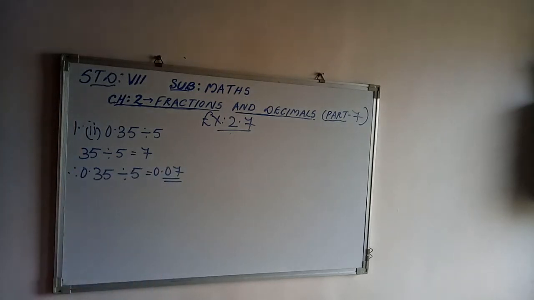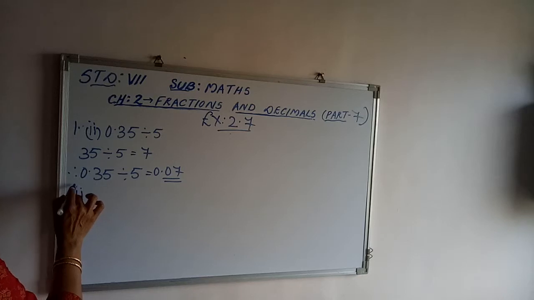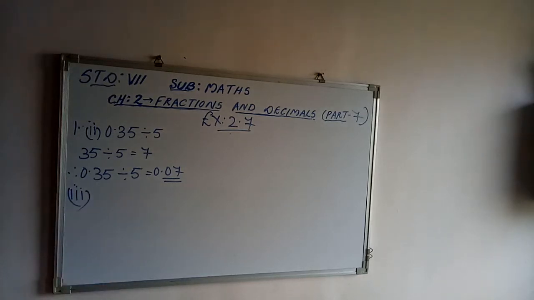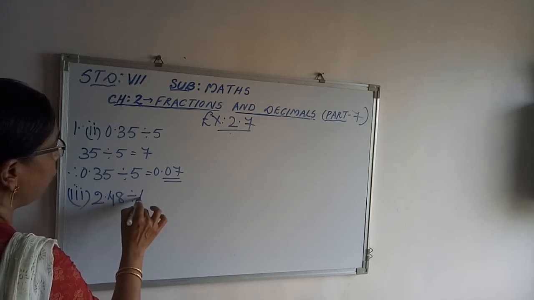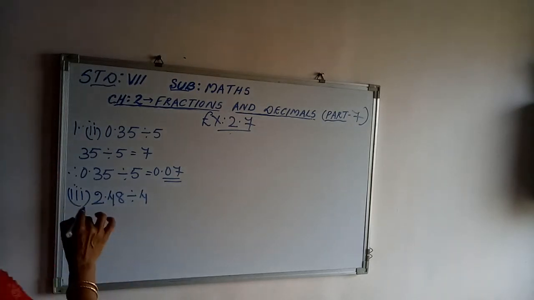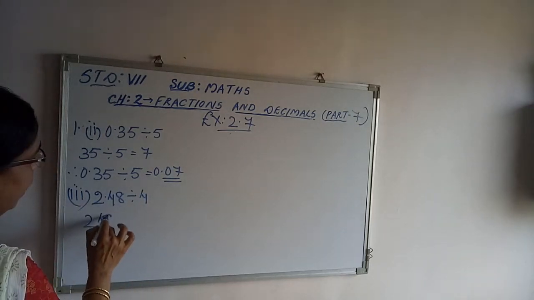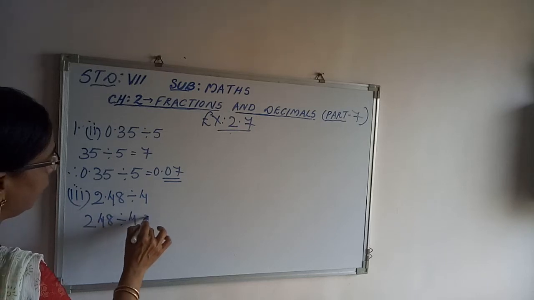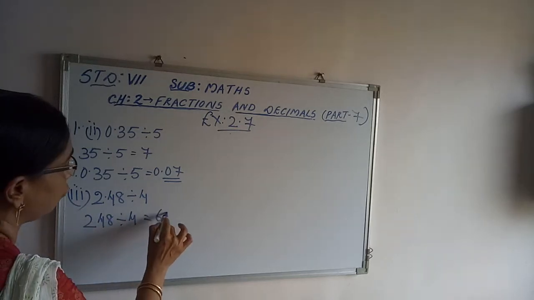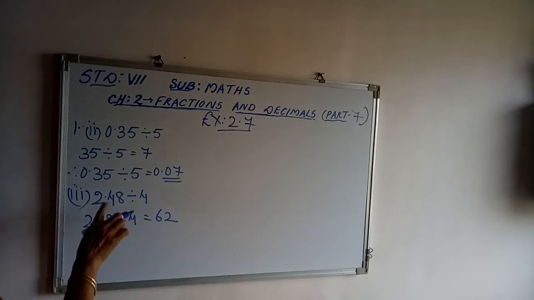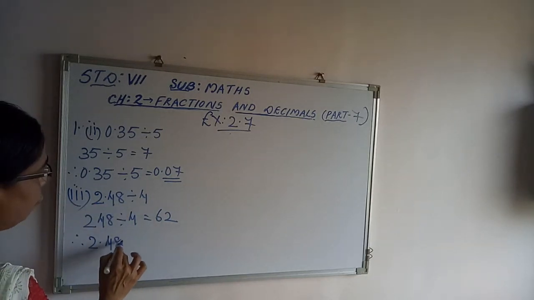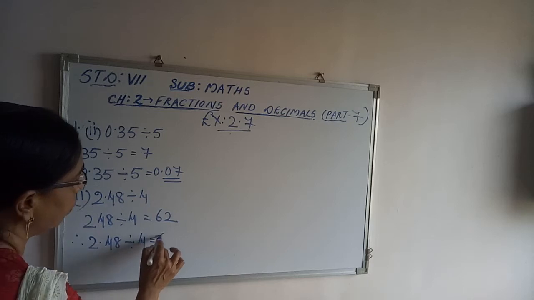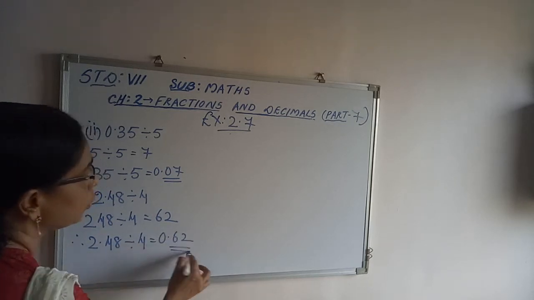That's the answer there. Third one. Now 2.48 divided by 4. That's the question. So we can write 248 divided by 4. Find out, 62. How many decimal places? 2 decimal places. Therefore 2.48 divided by 4 is equal to 0.62.